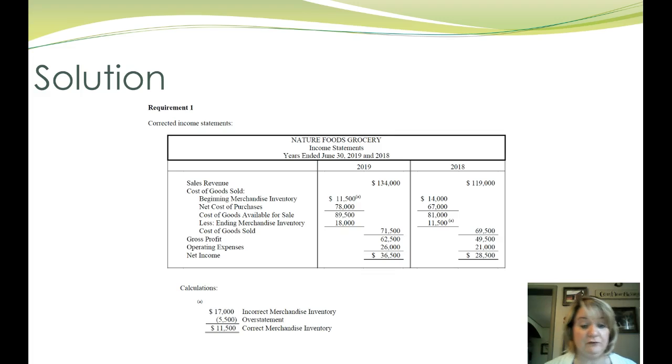Incorrect merchandise inventory, $17,000, and it was overstated by $5,500. So the correct merchandise inventory was $11,500 at the end of 2018. So the beginning merchandise inventory in 2019 had to be changed.